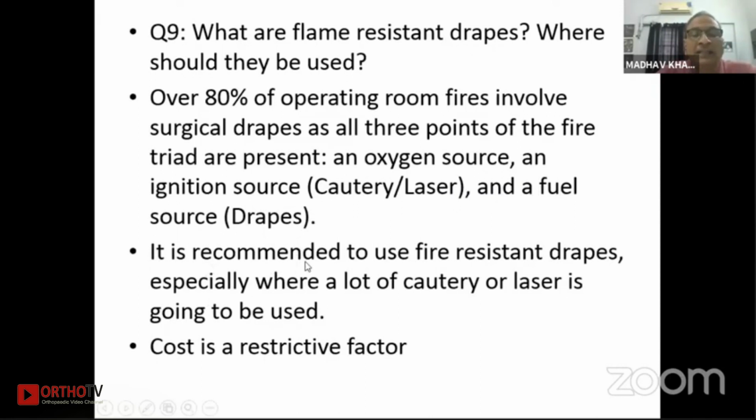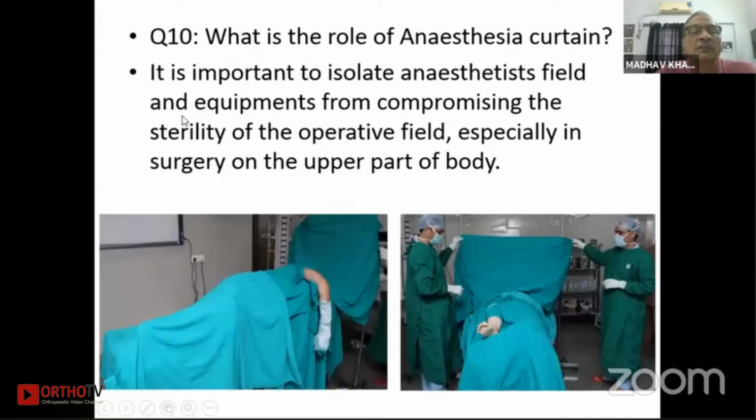So ideally, it is recommended to use fire resistant drapes, especially where a lot of cautery or a laser is going to be used. The only problem is cost is a restrictive factor, and the flame resistant drapes are almost 3 times as costly as the ordinary drapes. So coming to my last question, what is the role of the anesthesia curtain?